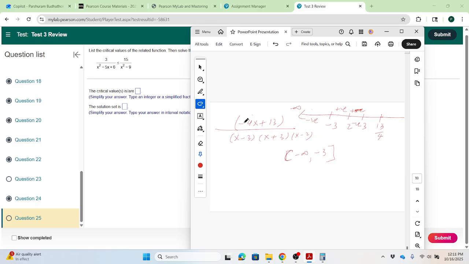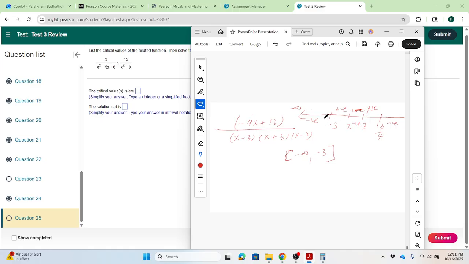At 4, it's negative on the top and positive on the bottom, so it's positive. And anything greater than 13 over 4, let's say 5: 5 is negative on the top and positive on the bottom, so this is negative.